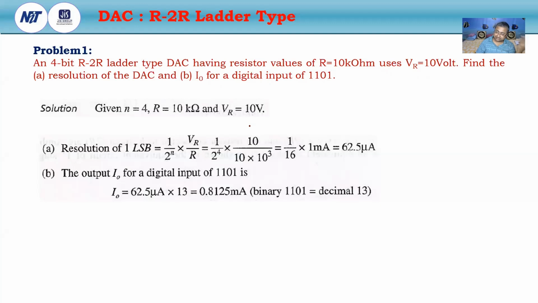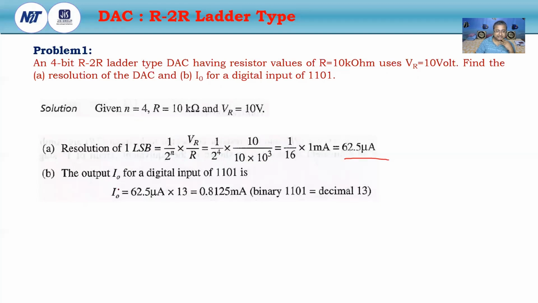From the previous lectures, the resolution of 1 LSB is equal to 1 by 2 to the power of n, VR by R. So put the value of n, 1 by 2 to the power 4 into VR is 10 volt and R is 10 kilo ohm, so 10 into 10 to the power 3. So then you will get this.